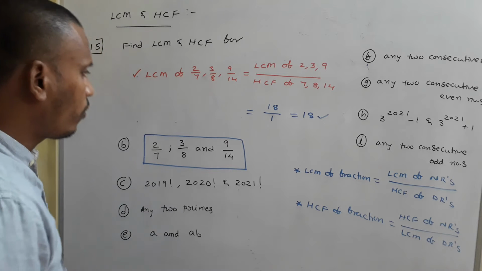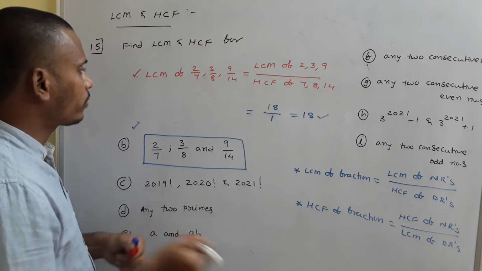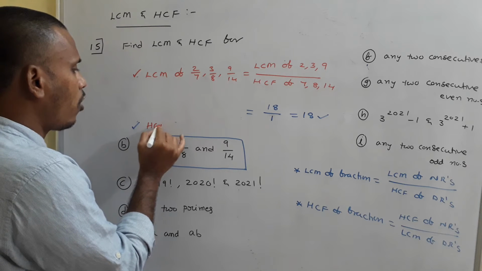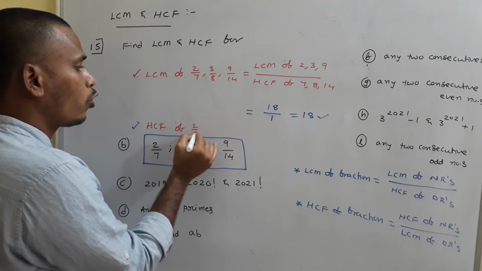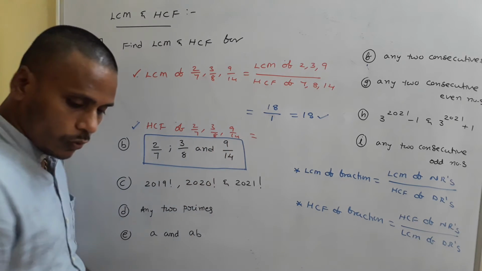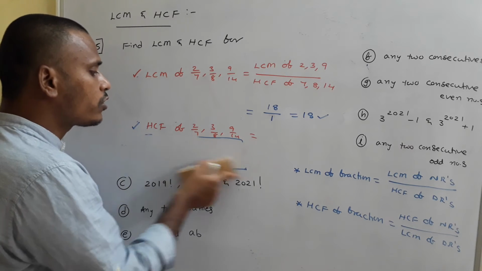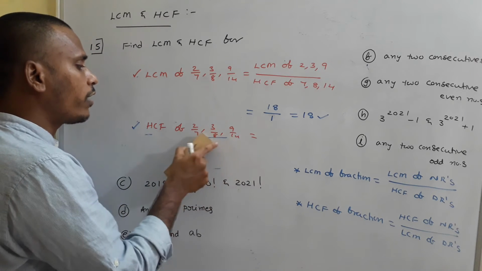Now, what to say about HCF? HCF of 2 by 7, 3 by 8, 9 by 14 is equal to, since we are searching for HCF, use HCF for numerator and LCM for denominator.